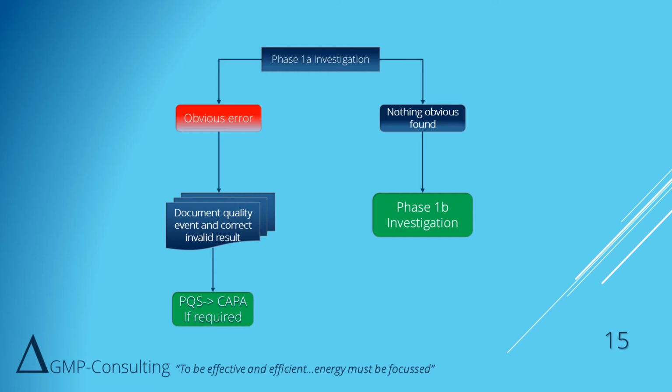An example I've had in the past is a laboratory method which involved sonicating samples, filtration steps and extraction steps, and all these steps were not really specified precisely in the method. It was the senior analysts who knew the method from a long time ago, who knew what these techniques were, and they had to be put into the method. So it's things like that that you might put a CAPA up for. If there's nothing obvious found, you go to phase 1B, which is the more in-depth investigation.